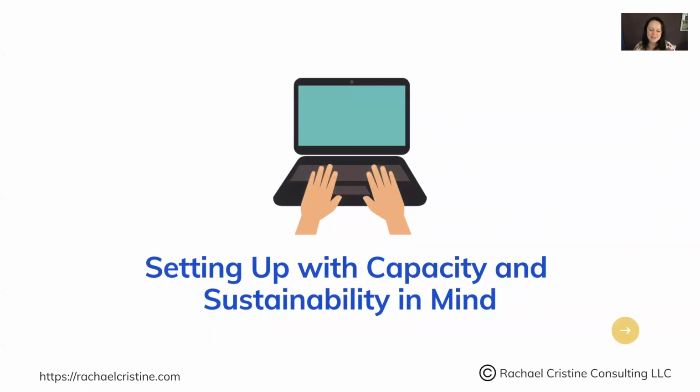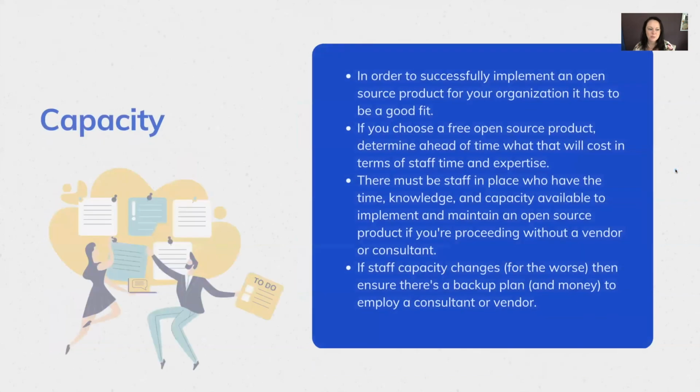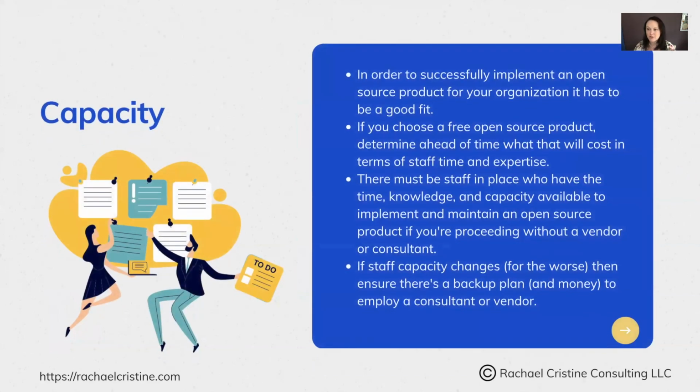Setting up with capacity and sustainability in mind. And this is particularly important when we're looking at open source products because they can be more labor intensive given their nature and for all of the reasons we just talked about. So, in order to successfully implement an open source product for your organization, it has to be a good fit.